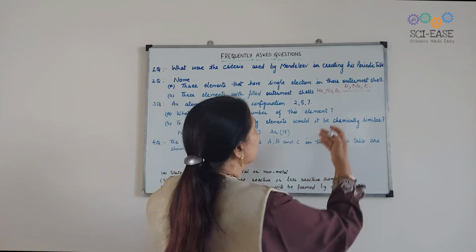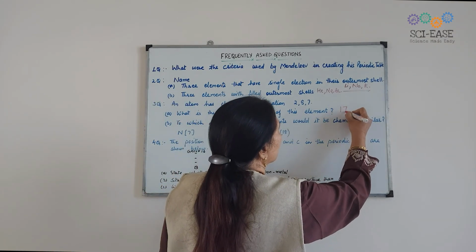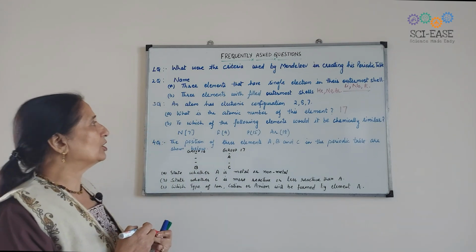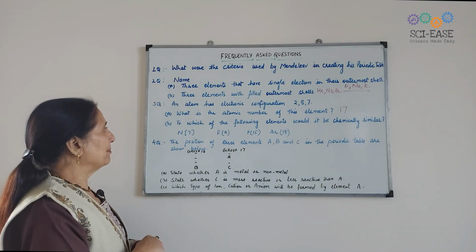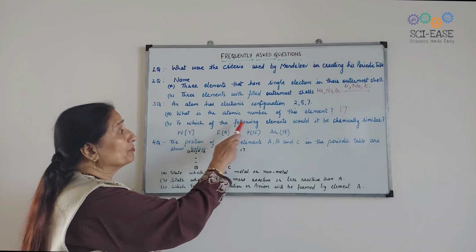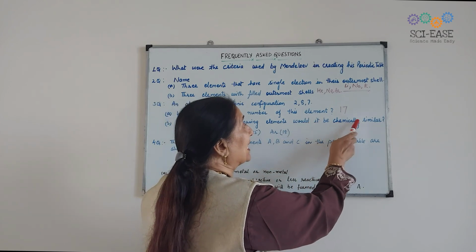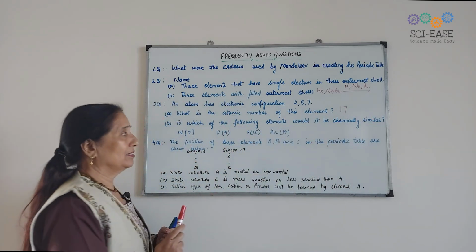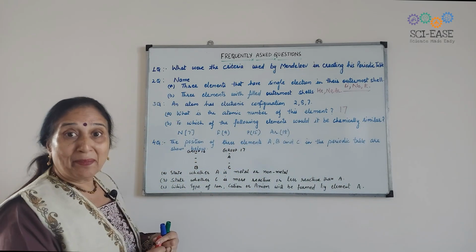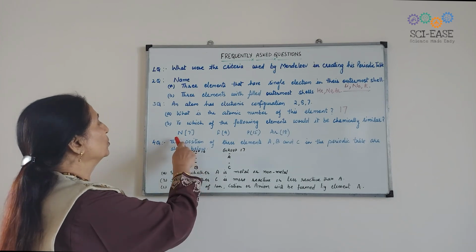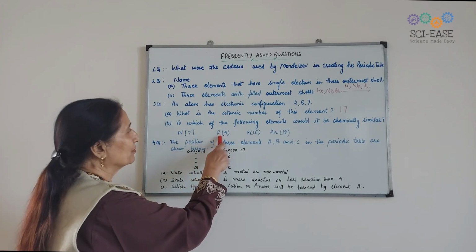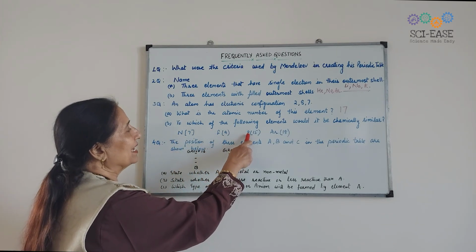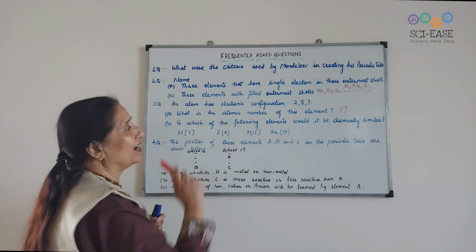Here it will be 17. It is 17, that is the atomic number of this element. To which of the following elements would it be chemically similar? Okay, chemically it could be similar to nitrogen, fluorine, phosphorus or argon.